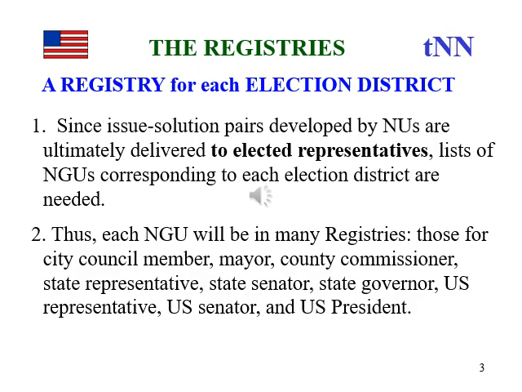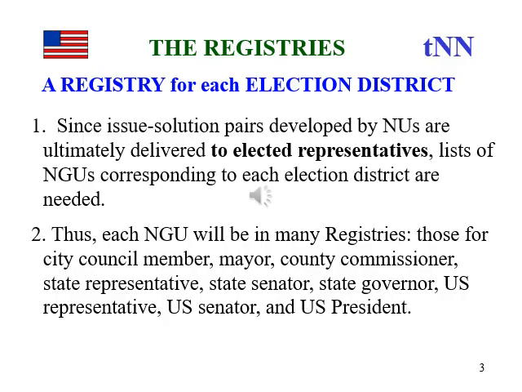A registry for each election district. 1. Since issue solution pairs developed by NGUs are ultimately delivered to elected representatives, lists of NGUs corresponding to each election district are needed. 2.